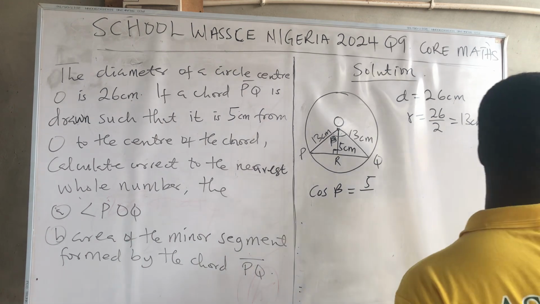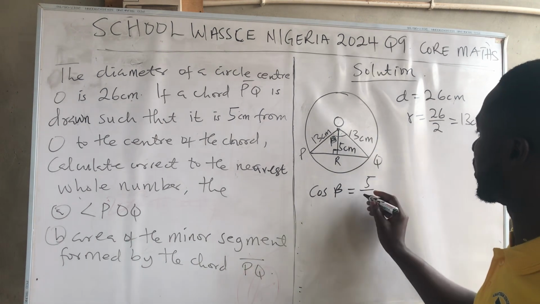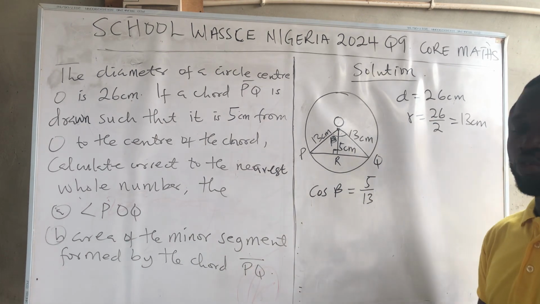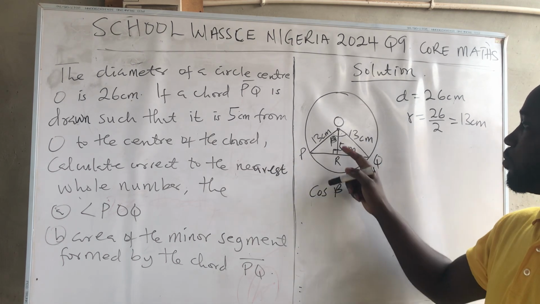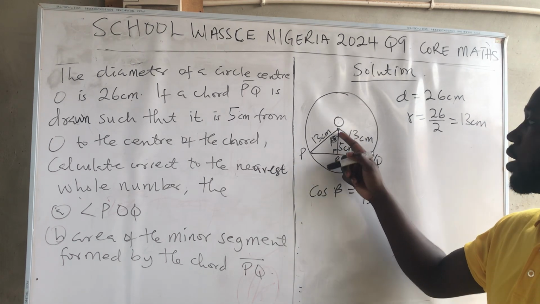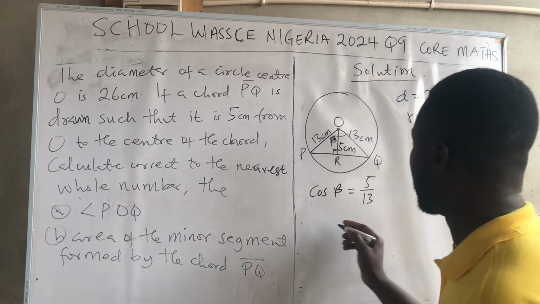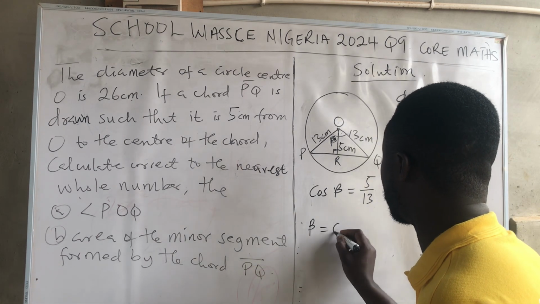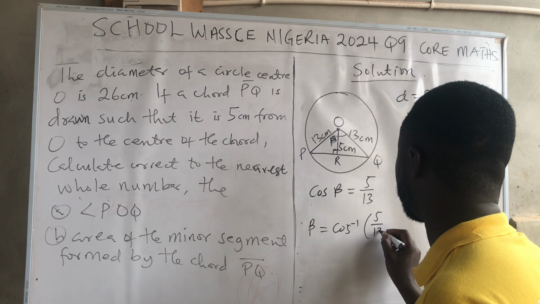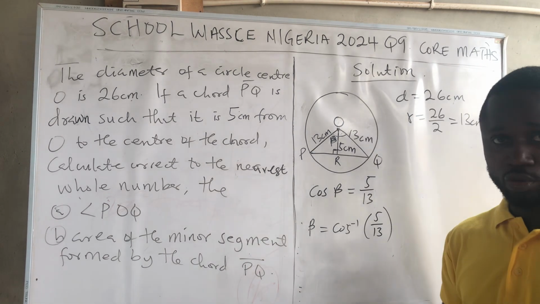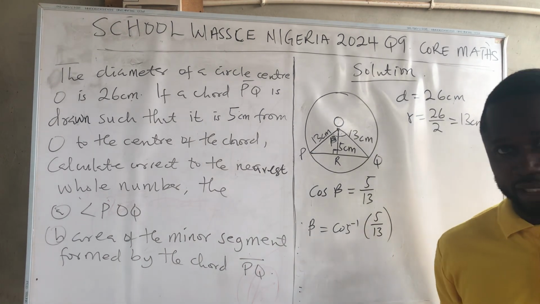Adjacent over hypotenuse, 13. So from my right angle triangle POR, I can say that cos beta is equal to adjacent over hypotenuse. Then my beta is going to be cos inverse of 5 over 13.